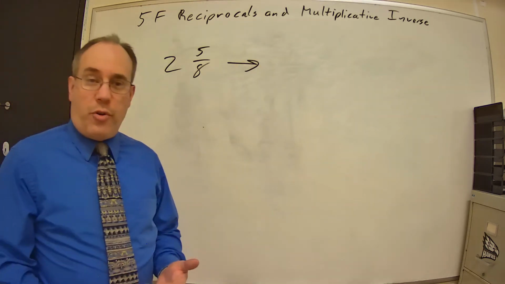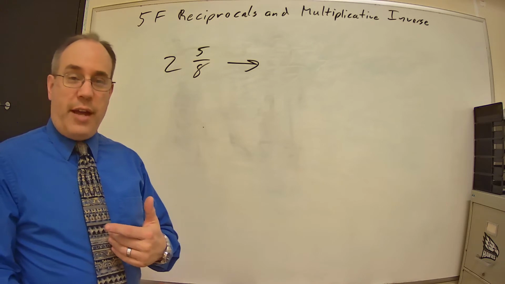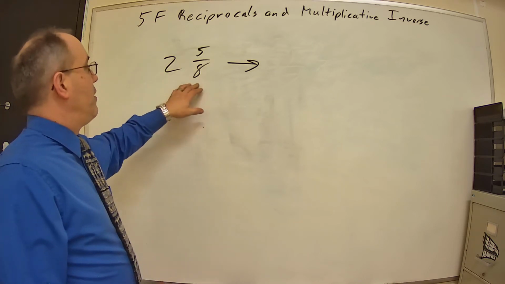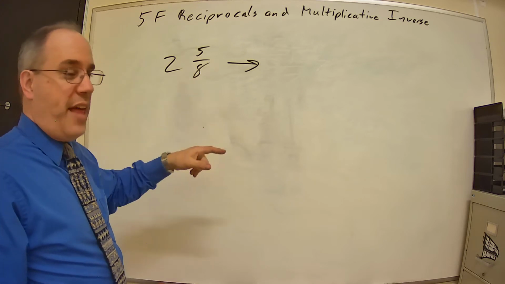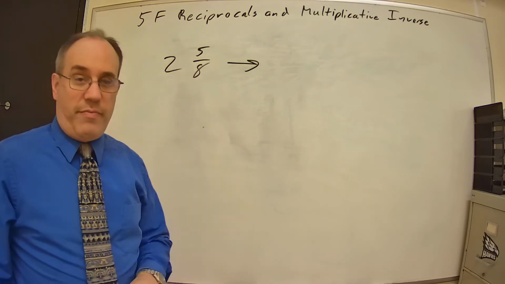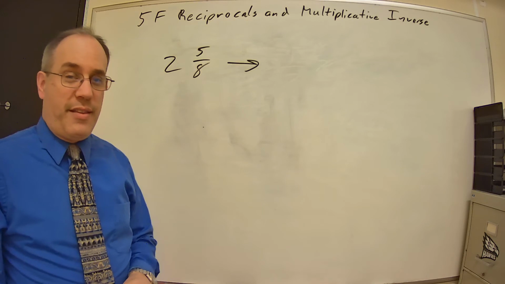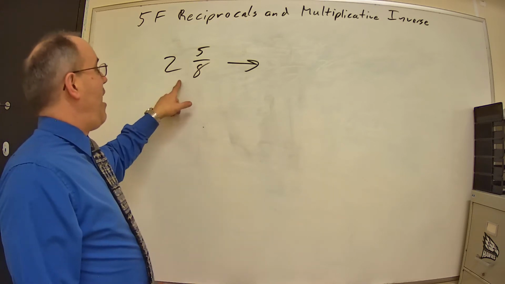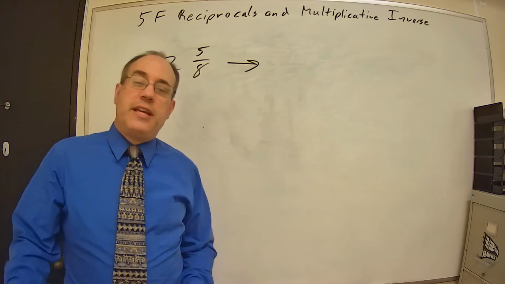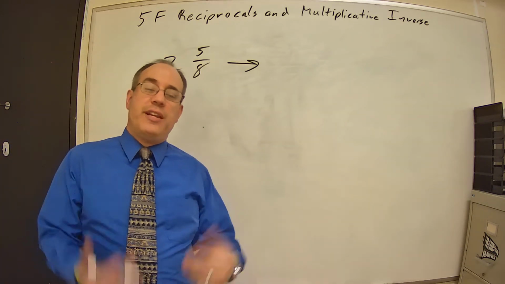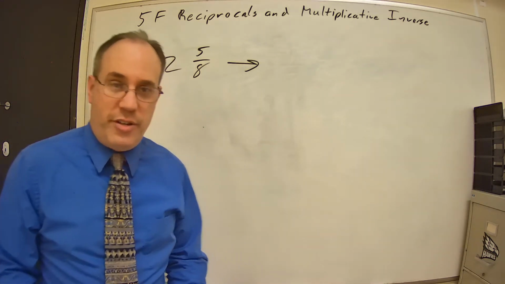Well, you take the reciprocal, right? You flip the fraction. Well, careful here. 2 5/8, the reciprocal of that is not 2 8/5. Okay? If we have a mixed number, for us to take the reciprocal, we have to turn it into an improper fraction.